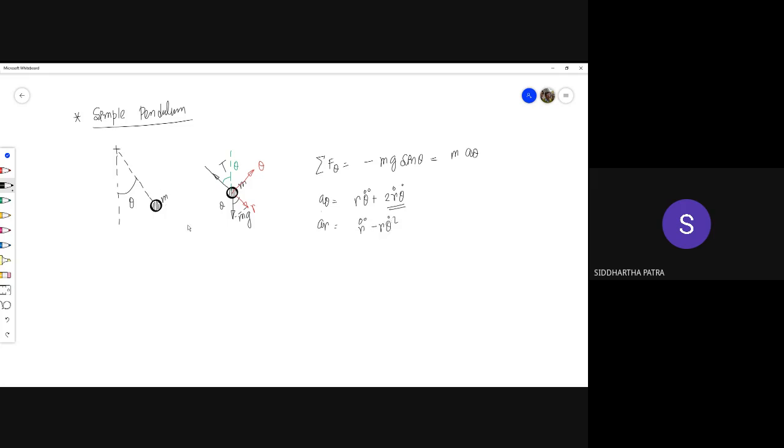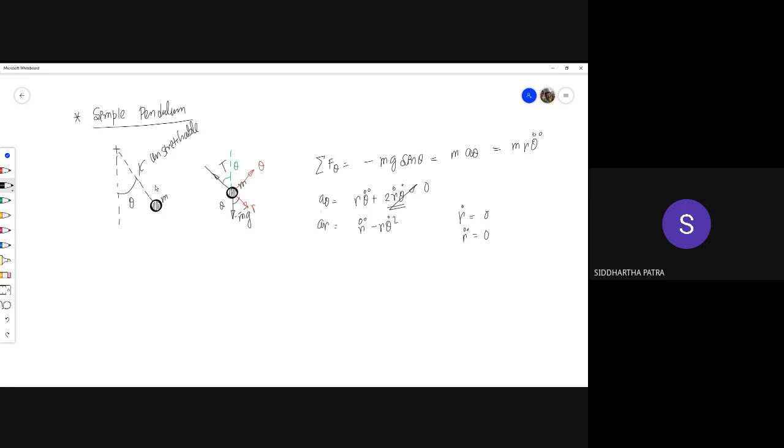But you will have to imagine that in a simple pendulum, the string is unstretchable. Point being that r dot equals 0 and r double dot equals 0, which basically means this quantity is 0, and this is basically m r theta double dot.